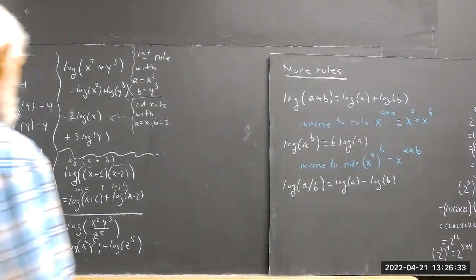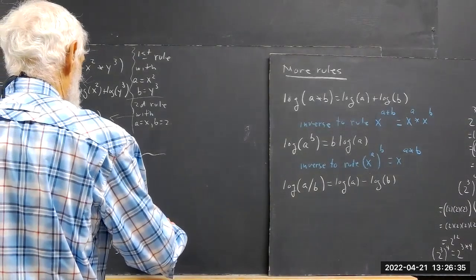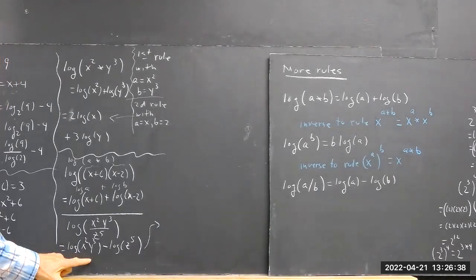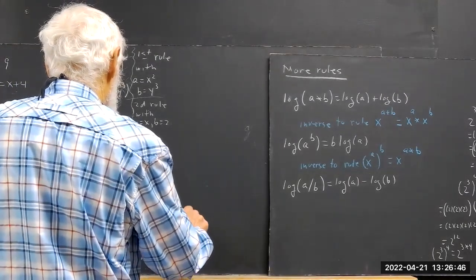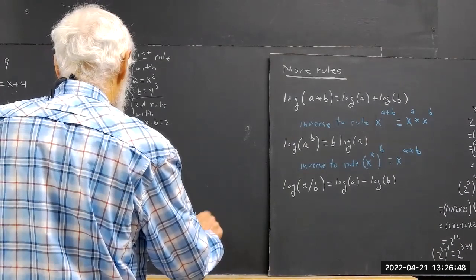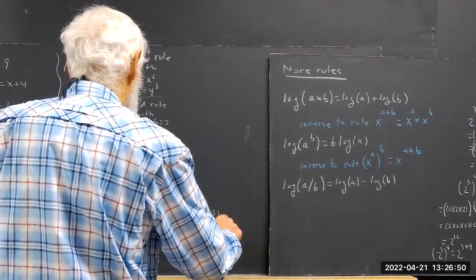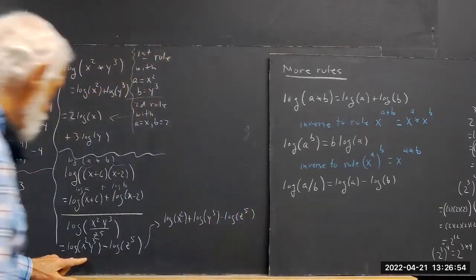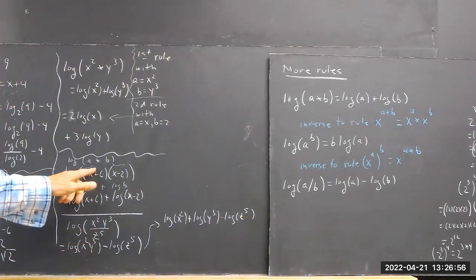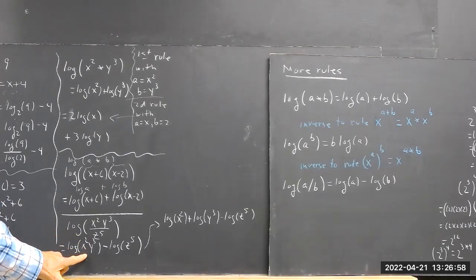All right, well, we'll just continue this here because now we can apply the rule to this, right? Apply the first rule here. That's going to be the log of x squared plus the log of y cubed minus the log of z to the 5th. And I think everybody understands, if you understood this, you understand that.